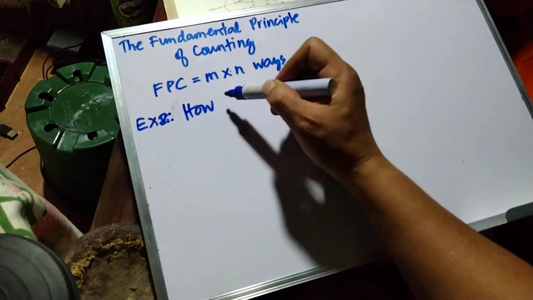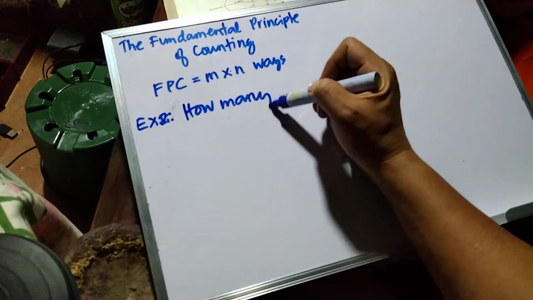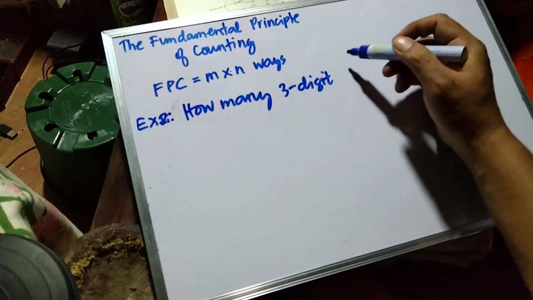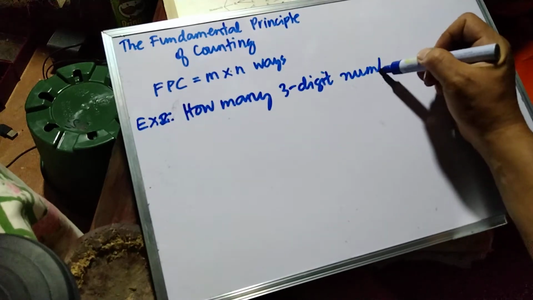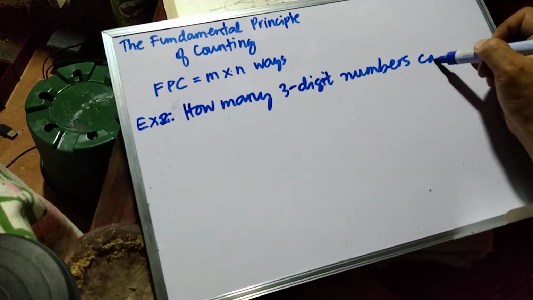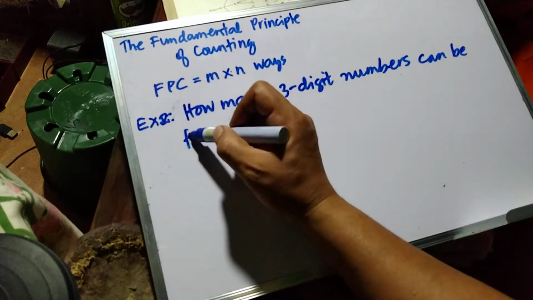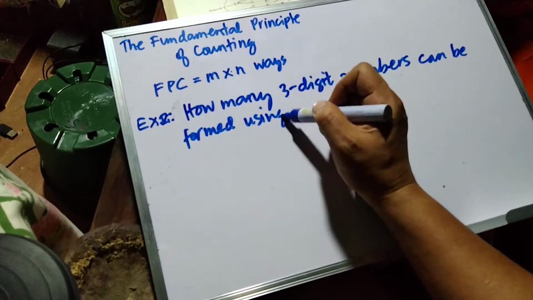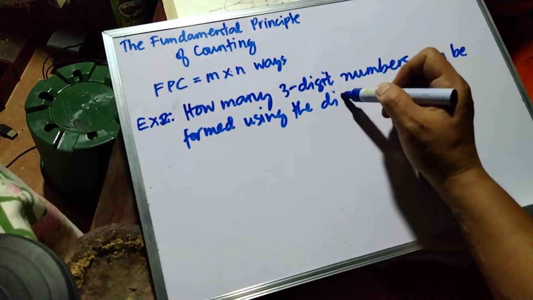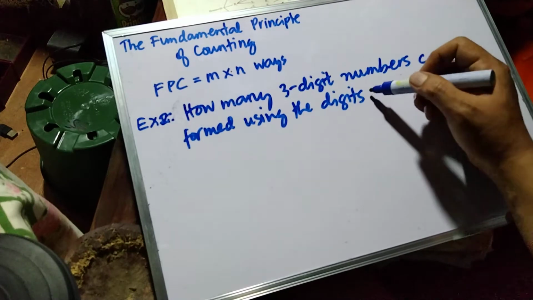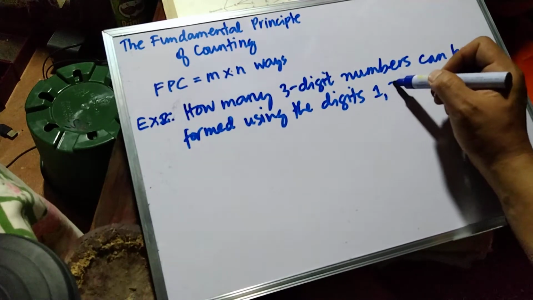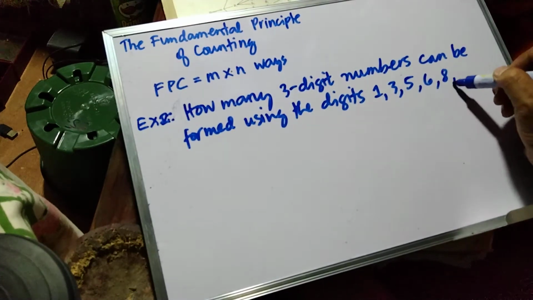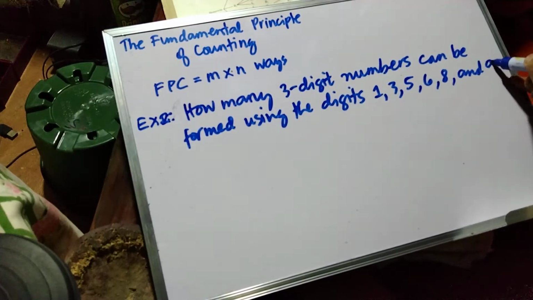How many 3-digit numbers can be formed using the digits 1, 3, 5, 6, 8, and 9.